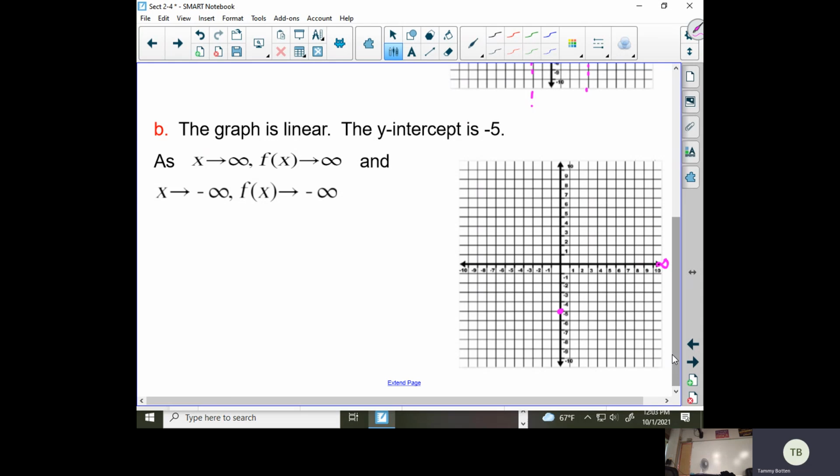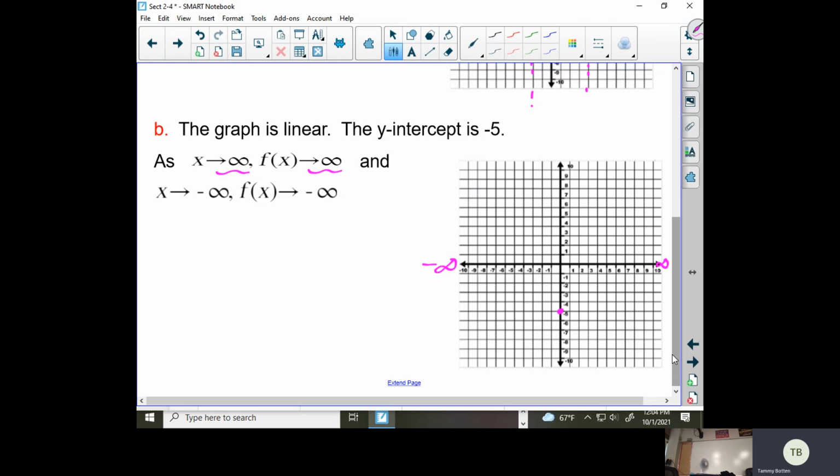So does that mean our line is going up or down? If as x gets bigger and bigger, f of x approaches infinity, is our graph going up or going down? Up, okay? Then it says, as x approaches -infinity, our graph is going down to -infinity.